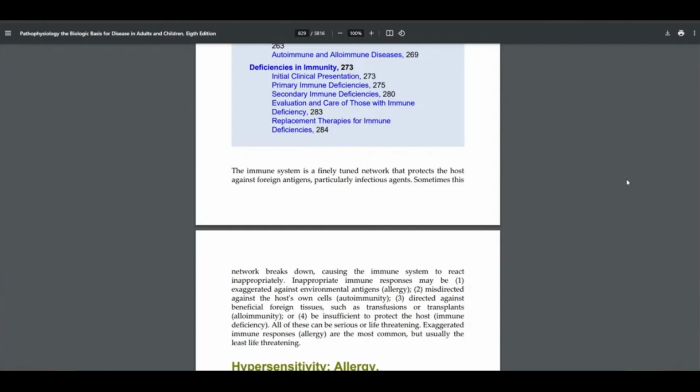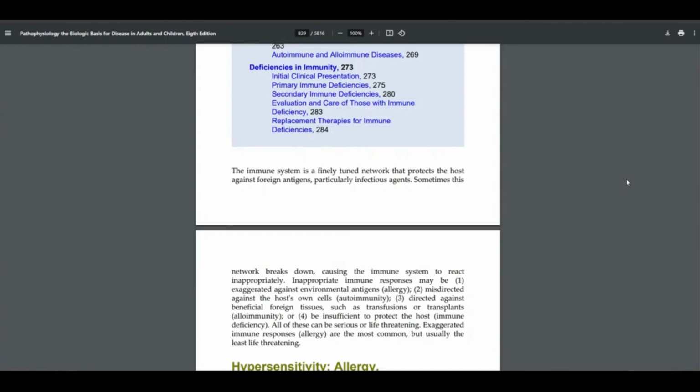Inappropriate immune responses may be: one, exaggerated against environmental antigens, such as allergies; two, misdirected against the host's own cells, such as autoimmunity; three, directed against a beneficial foreign tissue, such as transfusions or transplants, alloimmunity; and number four, insufficient to protect the host, an overall immune deficiency.